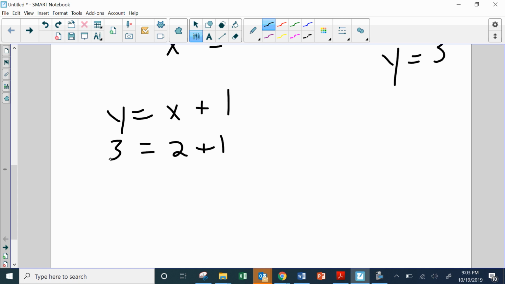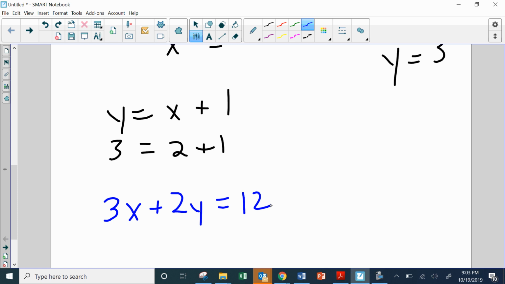Well, my other equation, I'll change colors, was 3x plus 2y equals 12. Again, if I plug in 2 for x and 3 for y, this should be correct. The left side should be 12, because that's what the right side is.